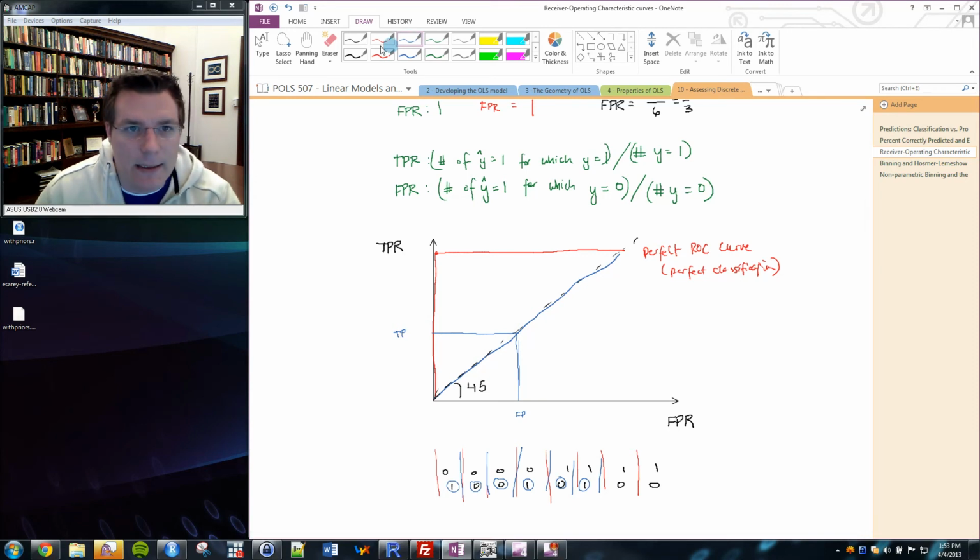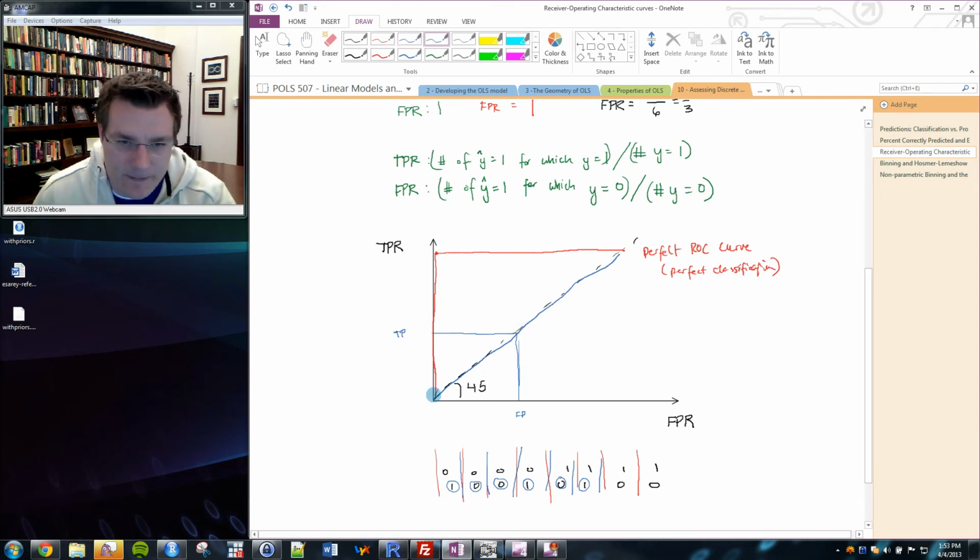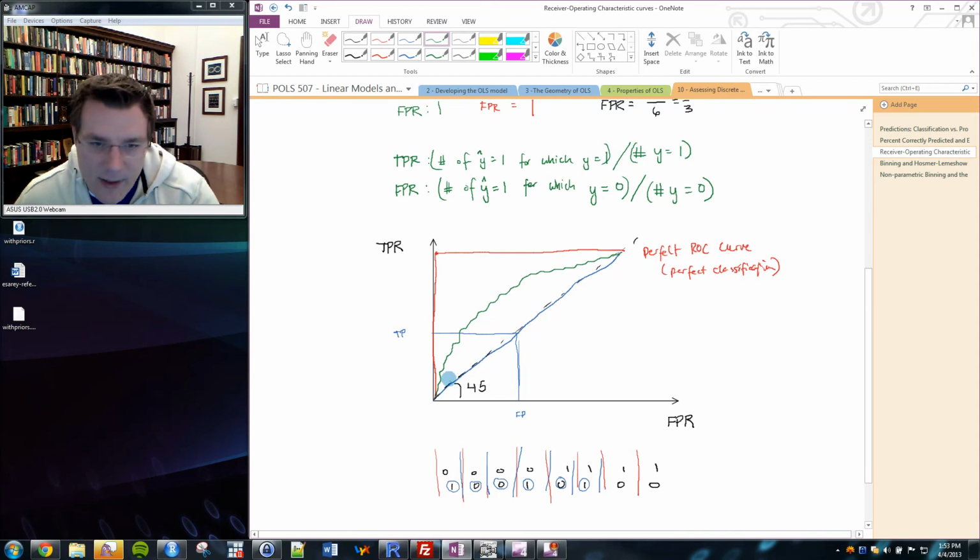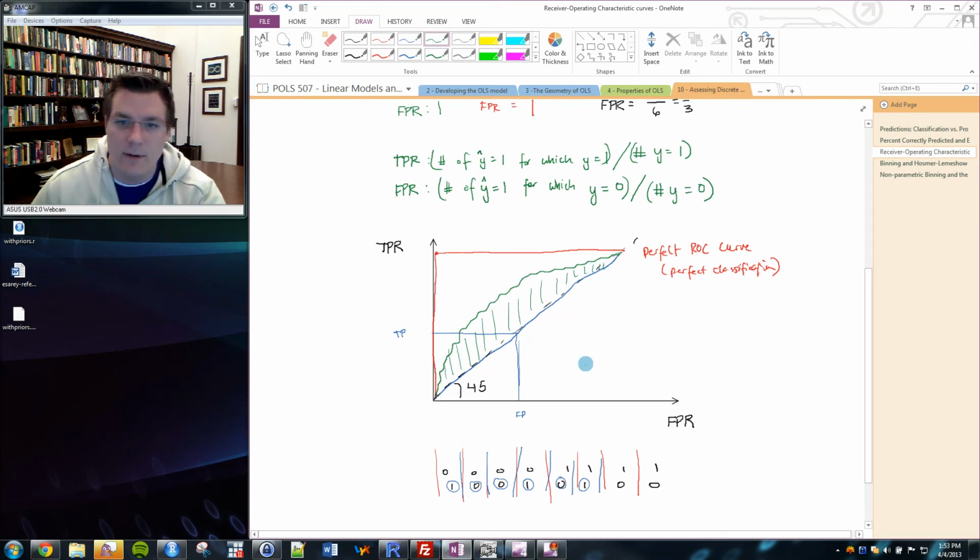Something in between looks like this. So the greater the area between the 45-degree line and the ROC curve, the better my classifier is. And this is often abbreviated as AUC, or the area under the ROC curve.